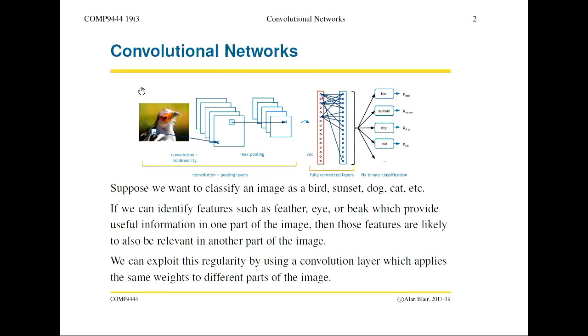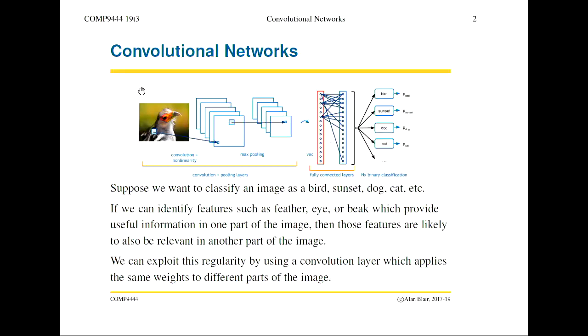So the idea behind this is as follows. Let's suppose one of the categories is bird, and you're trying to decide whether the image is of a bird. You might look at small parts of the image to look for a beak or an eye or a feather. If you detect all of those things, it lends evidence to the hypothesis that this is an image of a bird.